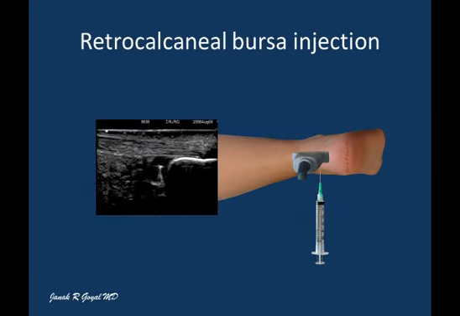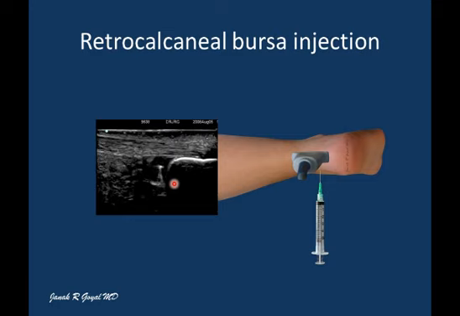For the injection of retrocalcaneal bursa, the patient is placed prone with the foot hanging out of the table. I prefer an out-of-plane approach for injection of retrocalcaneal bursa. The transducer is placed along the long axis of the Achilles tendon, and the retrocalcaneal bursa is identified deep to the Achilles tendon between the tendon and the calcaneus.